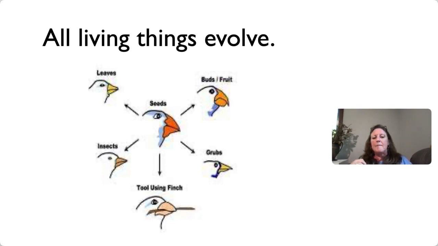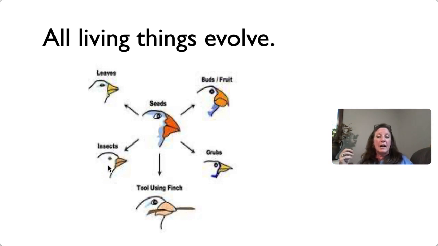But there are different food sources on the island, and at random, the offspring of one of these birds has a different shaped beak that enables it to eat fruit. Now, maybe the fruit is so plentiful that that really gives that individual an advantage, and so they reproduce, and that trait starts to show up in that population.